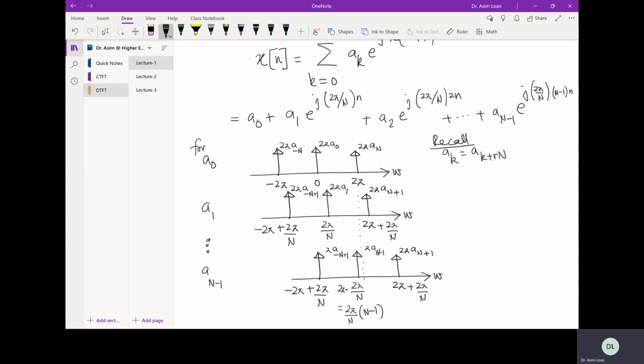Okay, and this one would be at minus 2 pi plus 2 pi over n into n minus 1. Oh, sorry, let me change this one. This is minus n minus 1. Let me write this one again. Minus n minus 1.